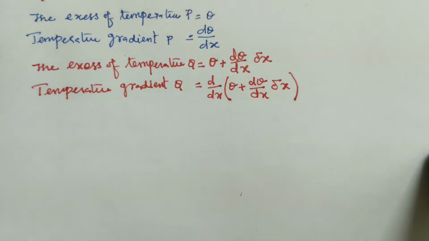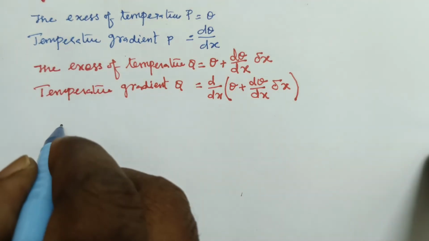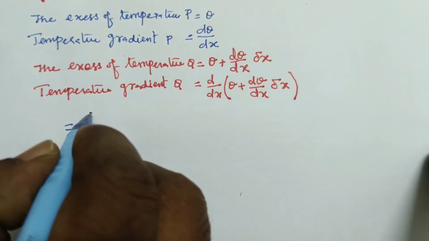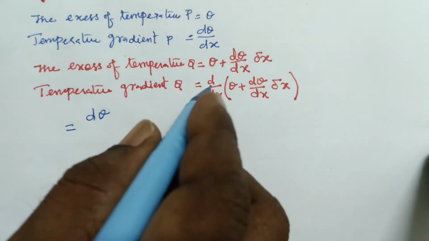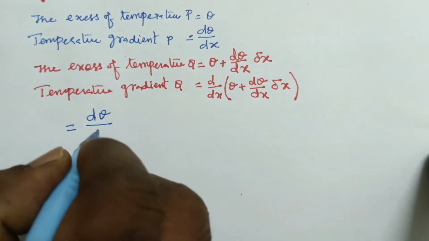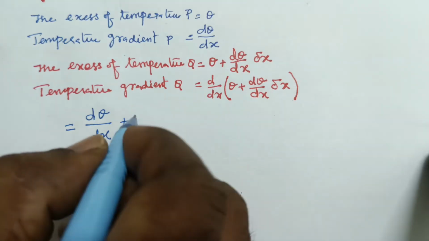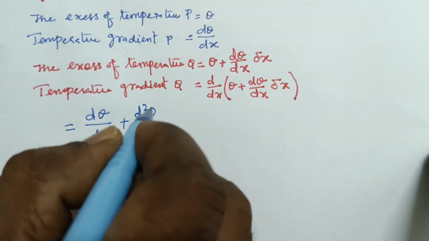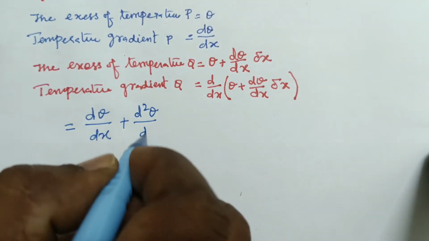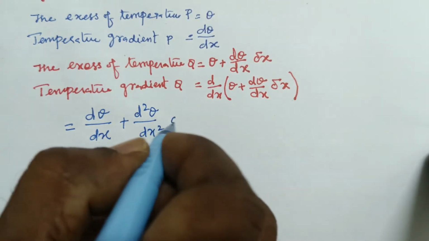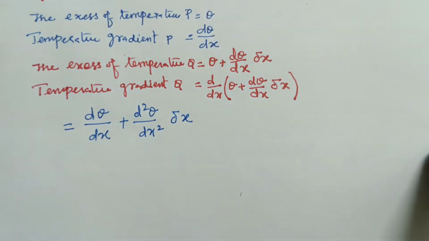Now you can multiply by the above equations, that is d theta by dx plus d square theta by dx square into del x. This is the temperature gradient at Q.